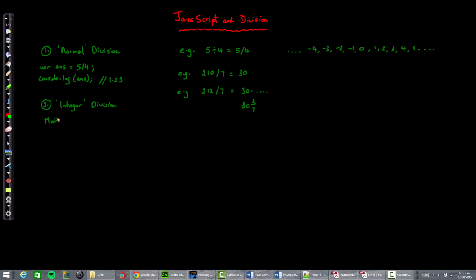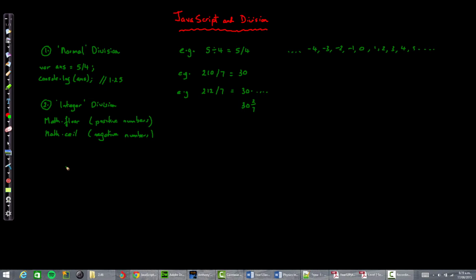It's Math.floor if you're dealing with positive numbers, and you use Math.ceil, for ceiling, if you're using negative numbers. And I think we really need to have a look at an example to see what the heck I'm talking about here.